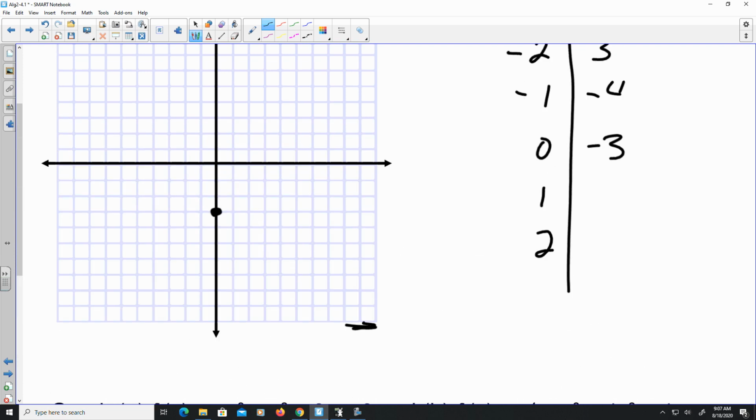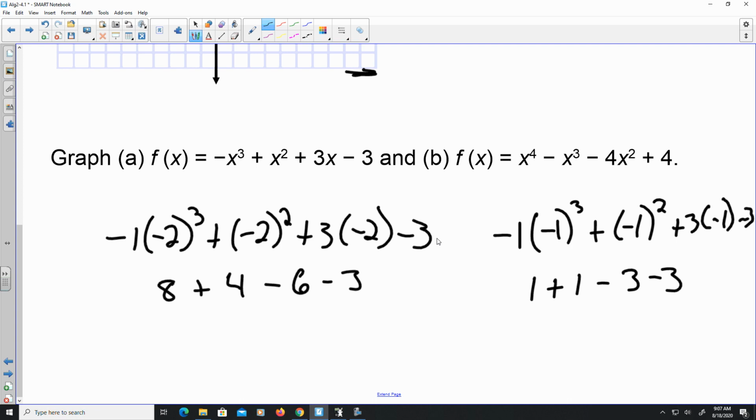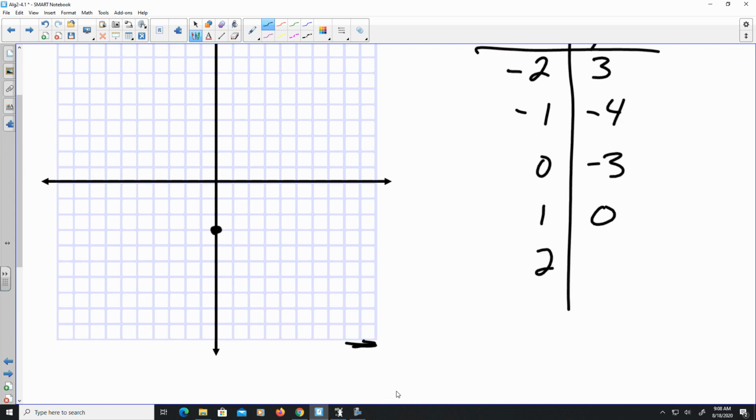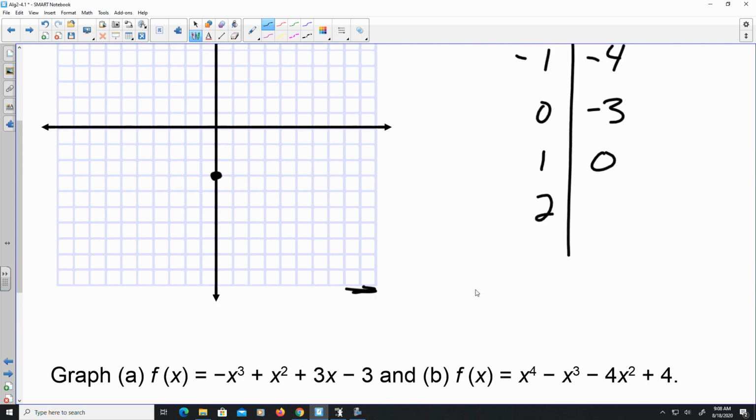So something like that. Now for x is 1, I got negative 1 times 1 cubed plus 1 squared plus 3 times 1 minus 3. I get 1 cubed is 1, negative 1, plus 1 plus 3 minus 3. So negative 1 plus 1 is 0, plus 3 is 3, minus 3 gives me 0. So technically that's one x-intercept.